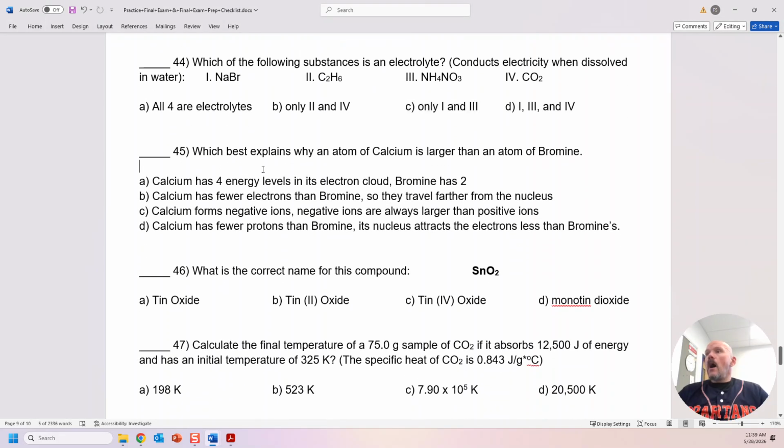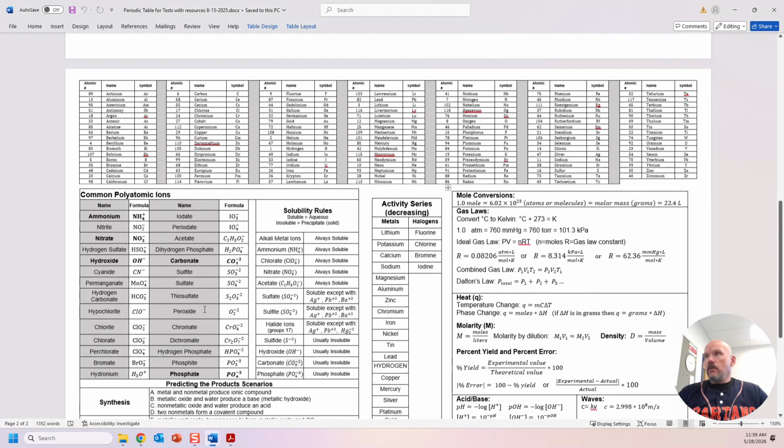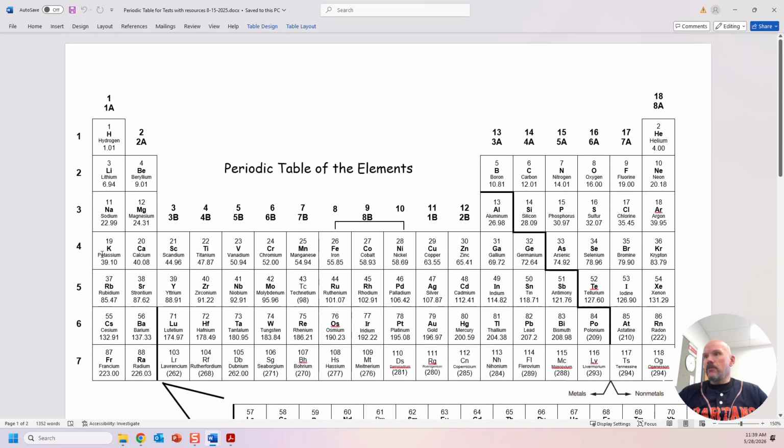All right. Which best explains why an atom of calcium is larger than an atom of bromine? So we know that if we look at our periodic table, atomic radius decreases as we go left to right. So if we notice, bromine and calcium are in the same row, and bromine's further to the right, meaning bromine is a smaller atom, has a smaller radius than calcium, right?